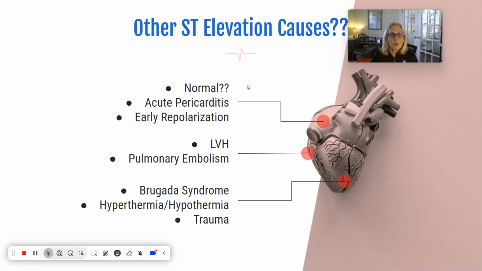And we have an early repole, so that causes a little bit of ST elevation there. Something called LVH, we've talked about quite a few times. A pulmonary embolism can look a little different, can look a little like a STEMI. Something called Brugada, hyperthermia, hypothermia, trauma, all these things can look like a STEMI.